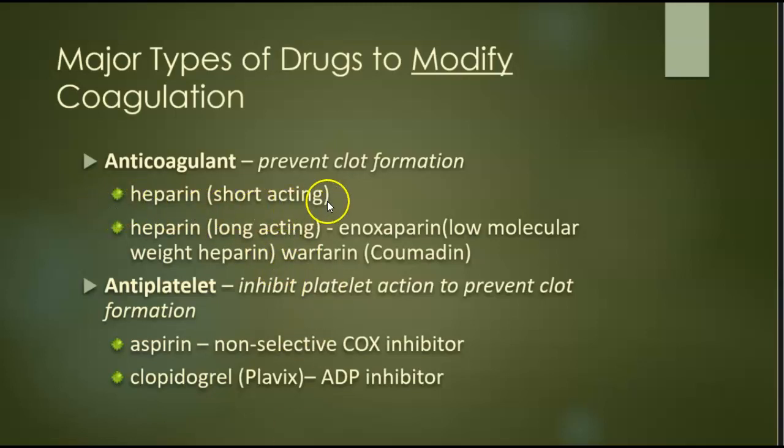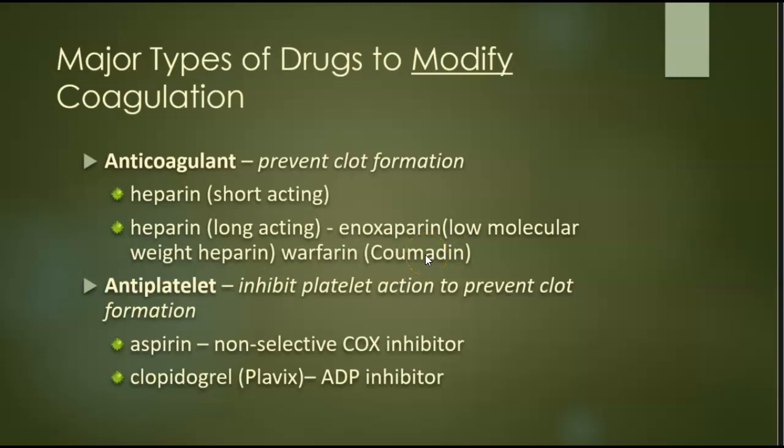So we have heparin, which is short-acting. We have heparin, which is long-acting, which is probably what you'll be more familiar with. Enoxaparin, it's better known as Lovenox, low molecular weight heparin. And then our third drug, so this should be the third bullet right here, is Warfarin, commonly called Coumadin.